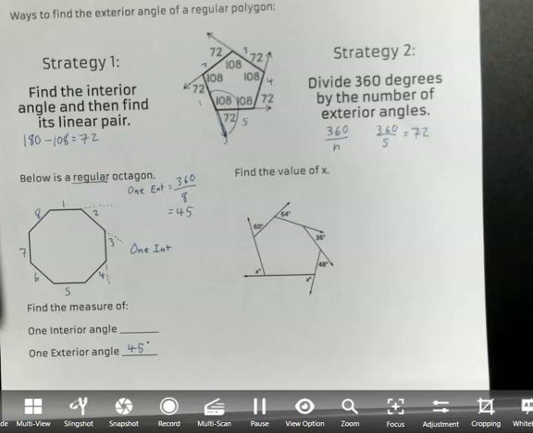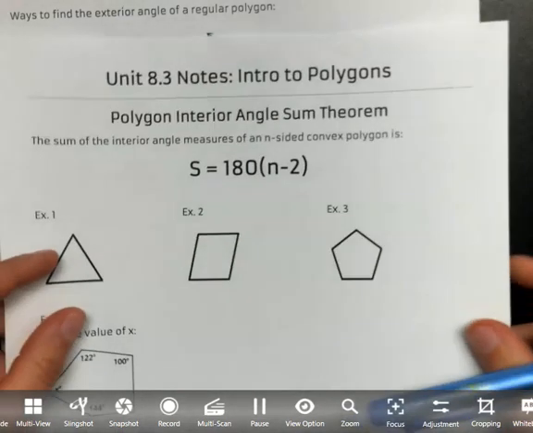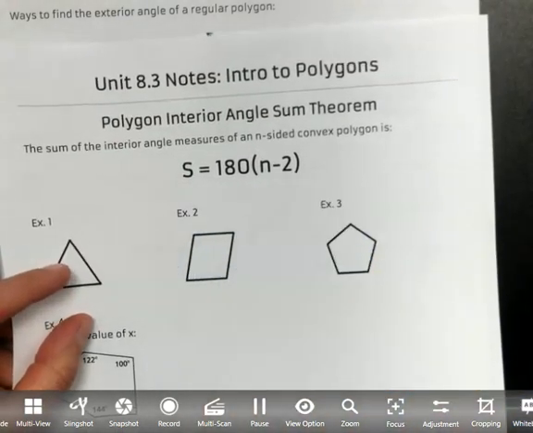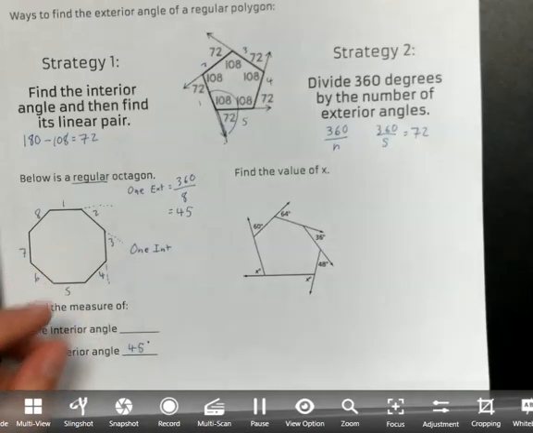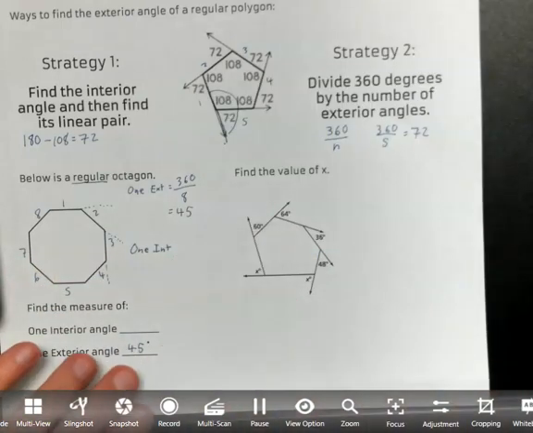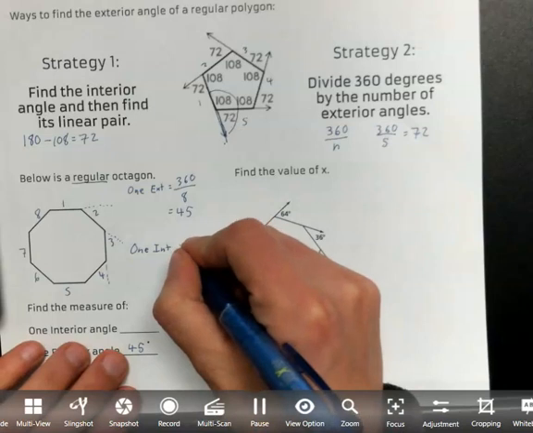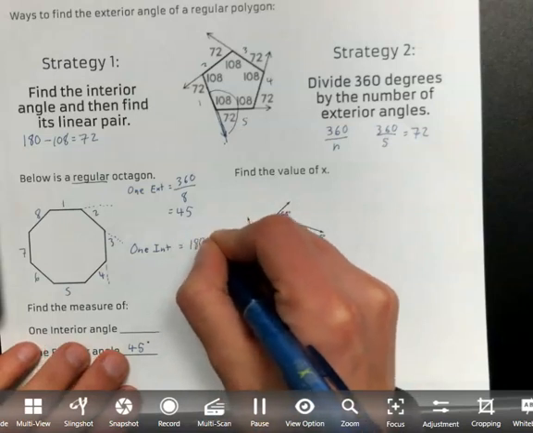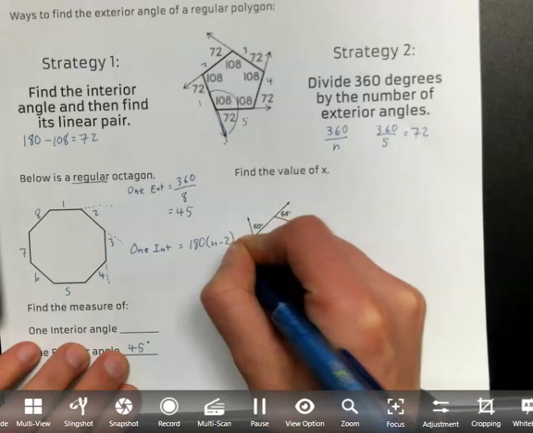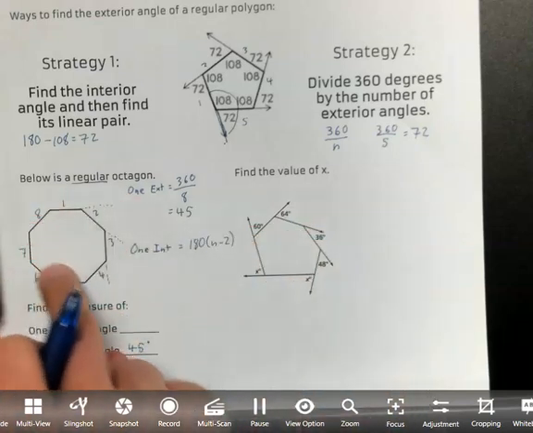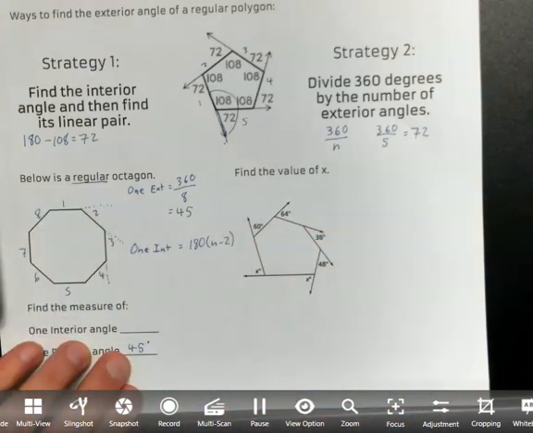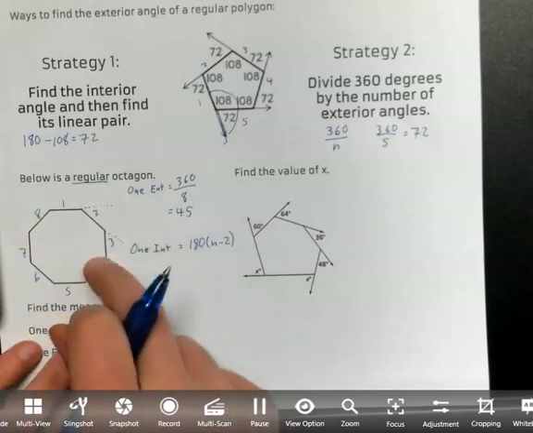Let's think through this a little bit. We learned before that the interior angle sum is the formula 180 times n minus 2. If all together in the interior we get 180 times n minus 2, then how do I get just one of the angles rather than all of the angles?